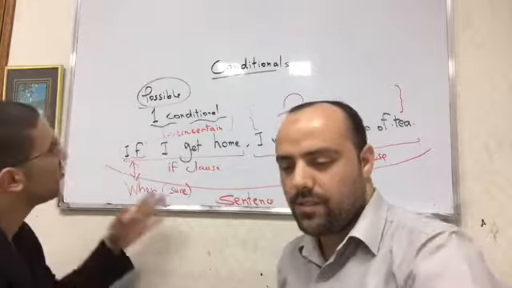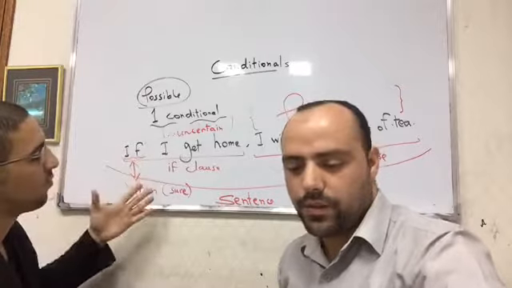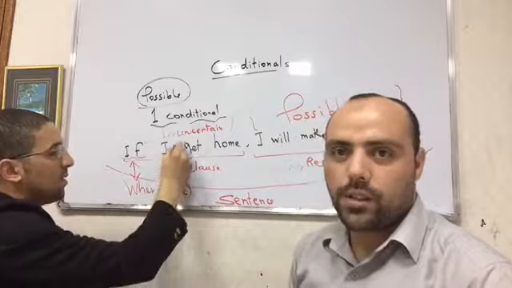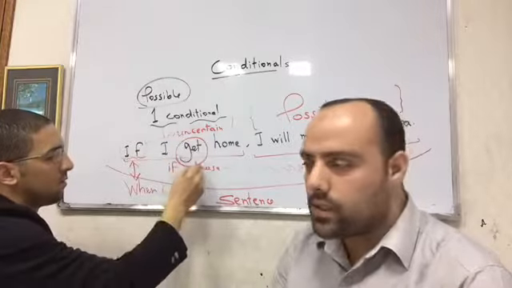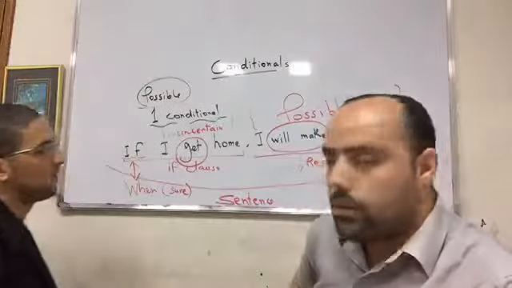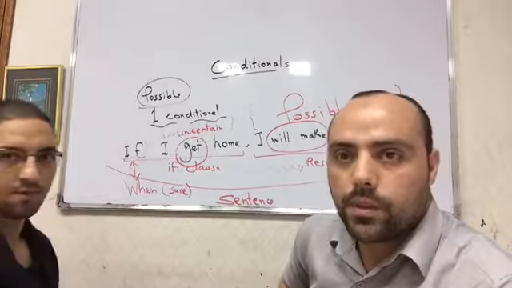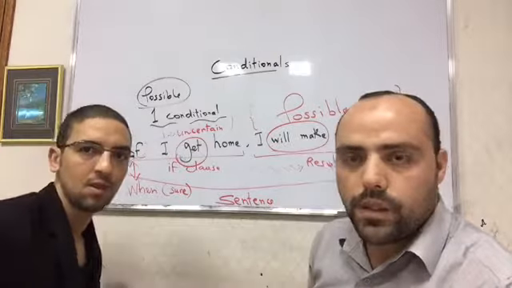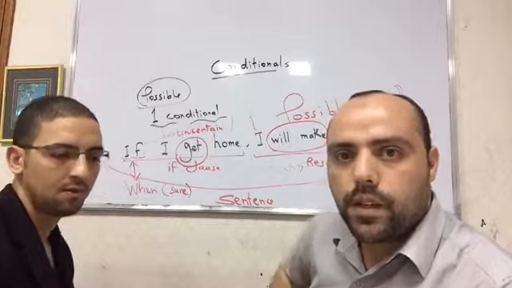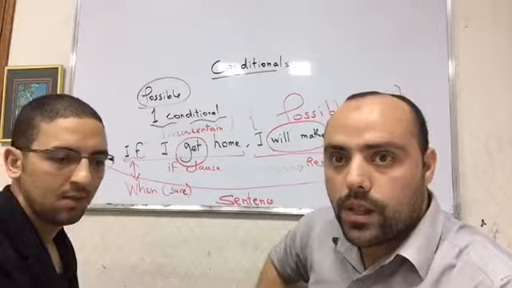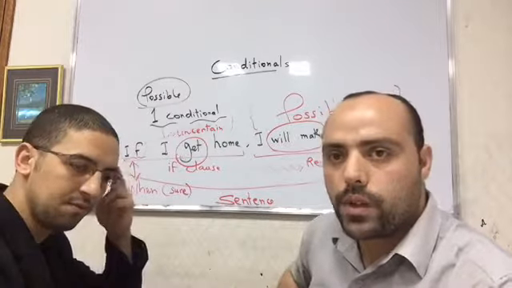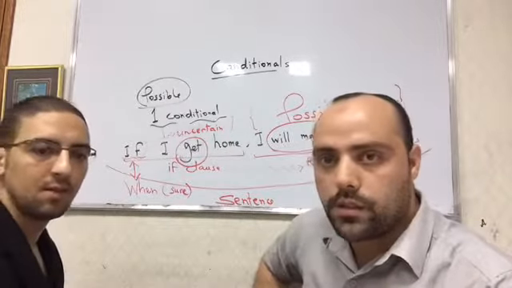So conditional type 1 is easy and very common. A lot of students can use it easily. In the first clause, the if clause, as you can see on the board, we're just going to use the present simple tense, the verb infinitive with I, you, we, they, and plural nouns. As you remember from the present simple formation, with he, she or it, we add an s or es to the end of the verb.